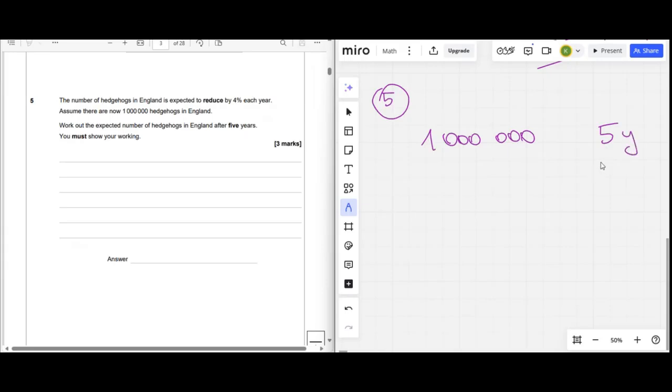You must show your working. Alright. To jest zadanie na compound interest. Tylko zamiast pieniędzy na lokacie mamy jeże.